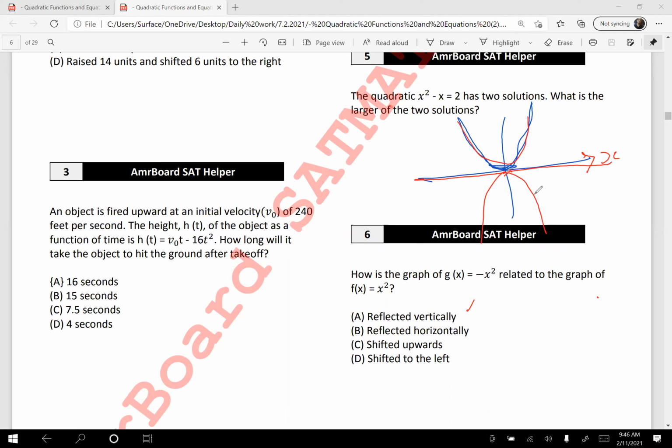Okay? Reflection is not vertically, because the reflection on a vertical line will be horizontally, and on a horizontal line will be moved vertically. Okay.